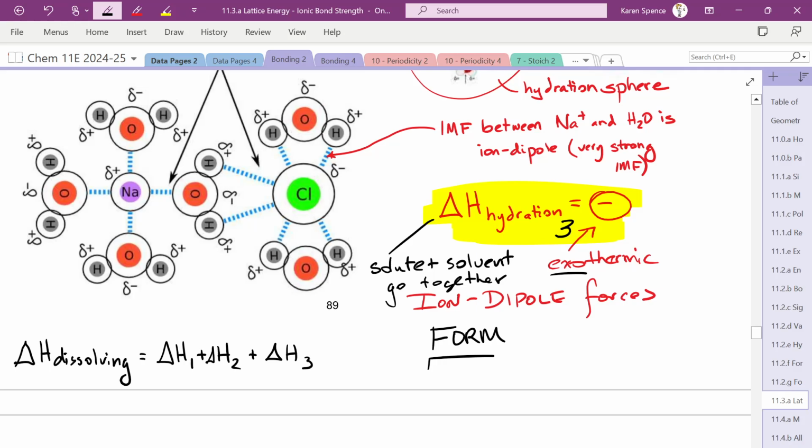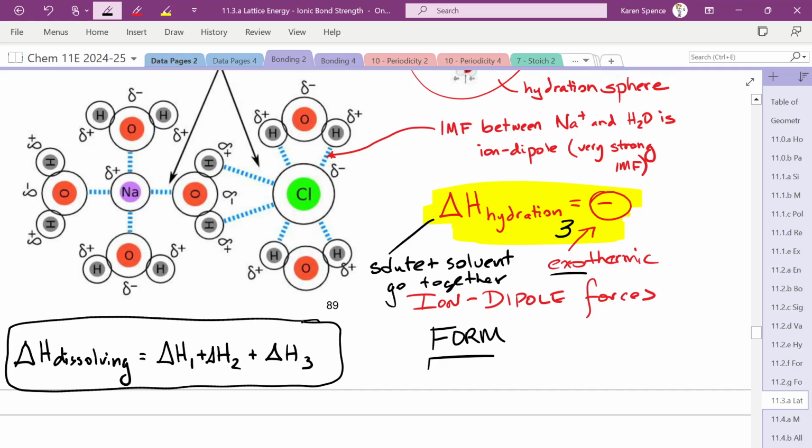Yes? You'll get more introduction to this whole thing over the summer, because summer is going to be some more thermochem. But I did want to introduce it to you here because it can help you think about which is favorable, endothermic or exothermic.